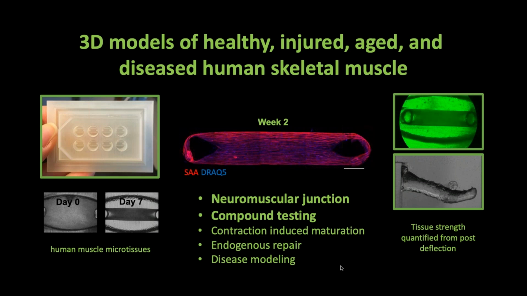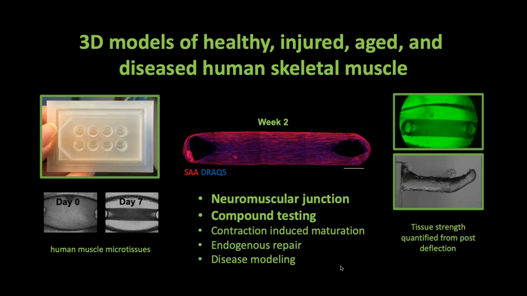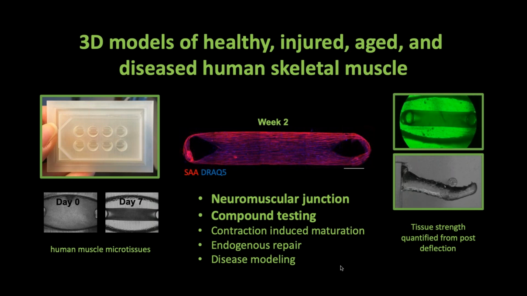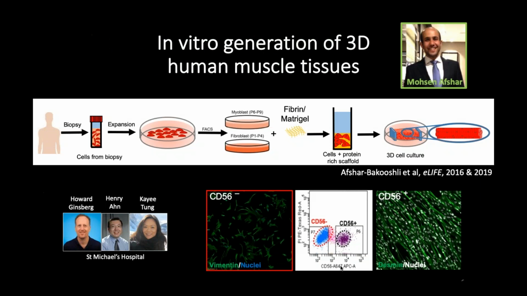And today I'll tell you a little bit about two of those areas. First, our work in the area of modeling the human neuromuscular junction in a dish, and additional work that we've done in the area of scaling up our systems to be able to enable functional assays and compound testing to look at modulators of human skeletal muscle strength in culture.